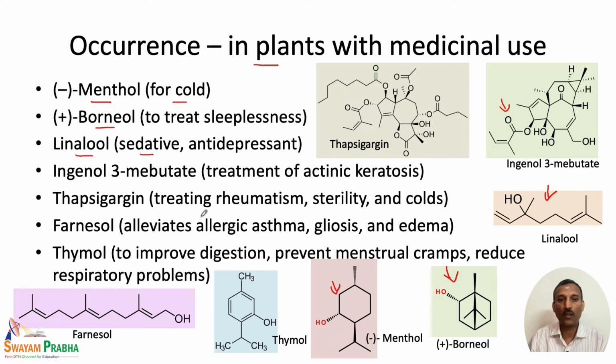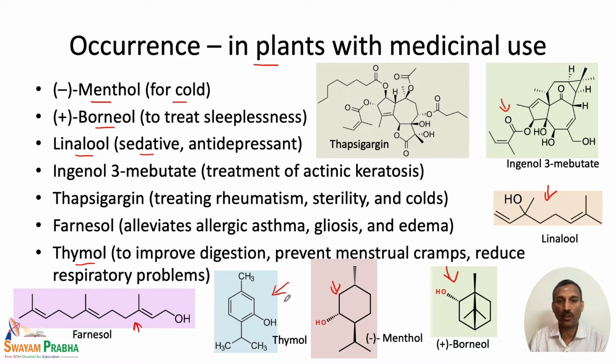And we also have other compounds like thapsigargin and farnesol. Farnesol is used to reduce the allergic reactions we get from asthma, edema and gliosis. The structure of farnesol is shown here, and thymol is generally used for the common cold and other things, and the structure of thymol is given here.